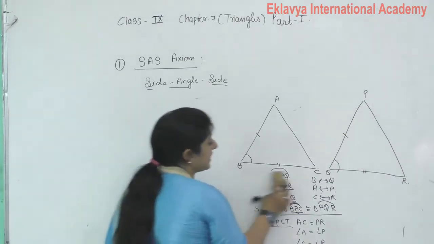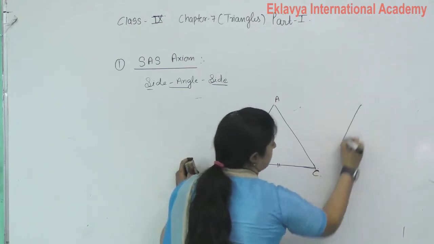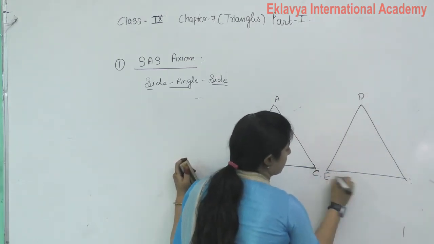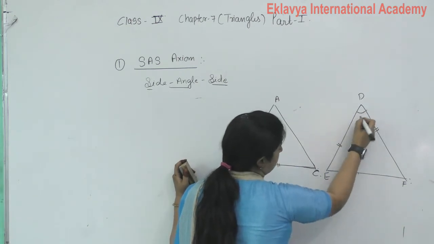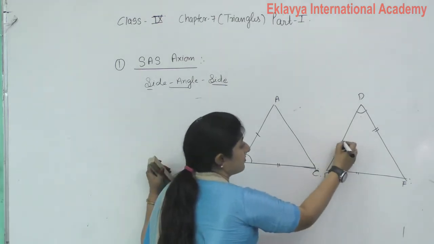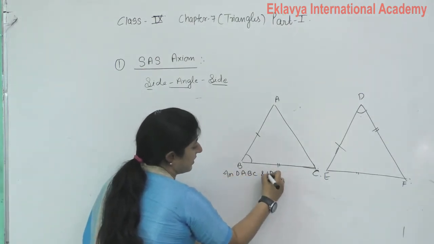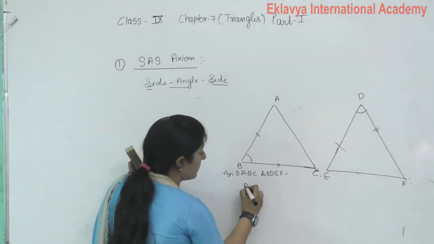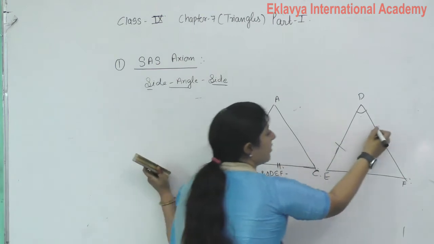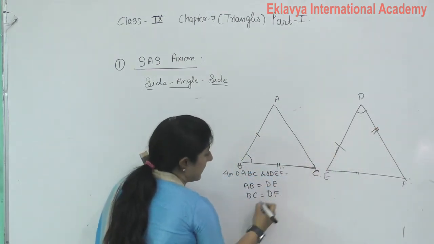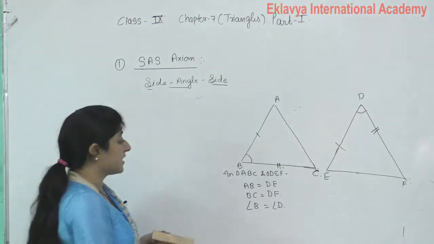Understand? See another thing. By SAS axiom, suppose in this it is given to you, in triangle ABC and triangle DEF, AB is equal to DE, BC is equal to DF, see here 2 lines I draw and here also 2 lines, and angle B is equal to angle D. 3 elements are equal and is this the included angle or not?